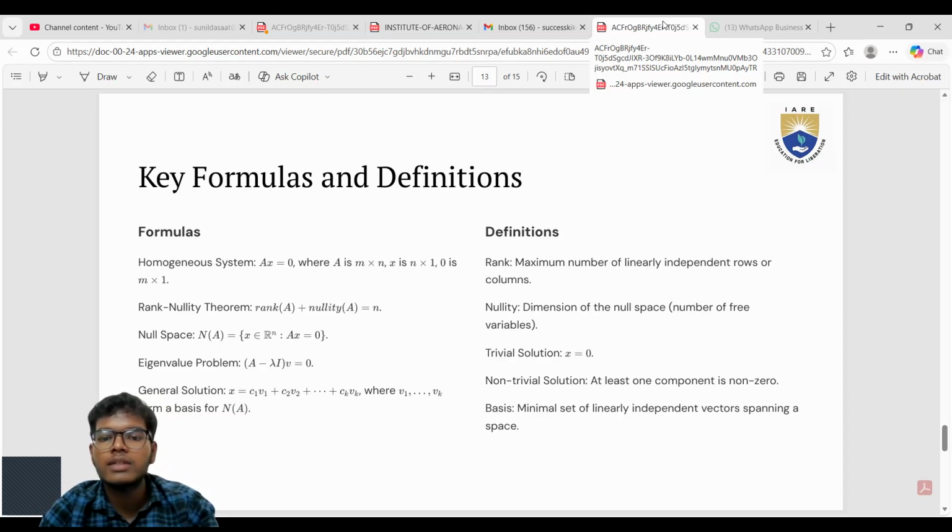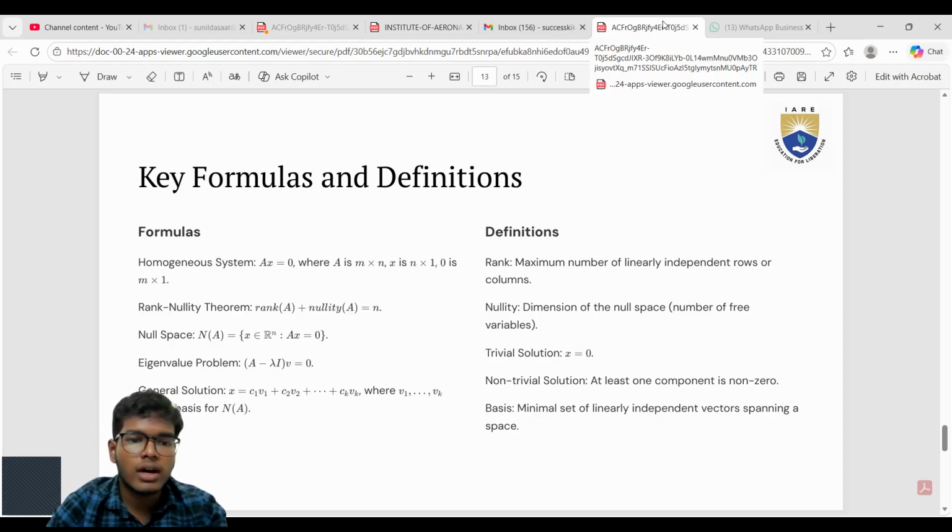Nullity, dimension of the null space, which is the number of free variables. Null space N(A) equal to the set of x belonging to R^n such that Ax equal to 0. Trivial solution x equal to 0.